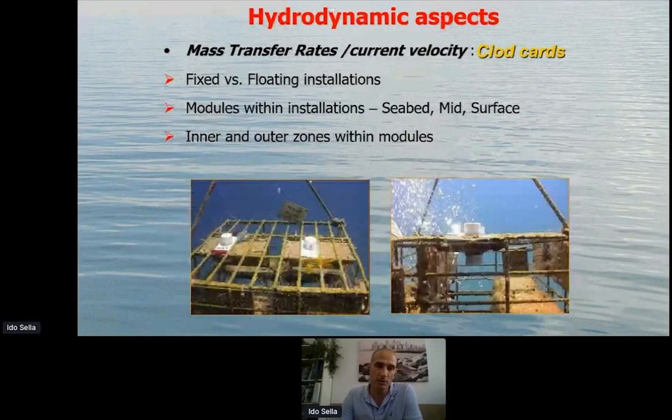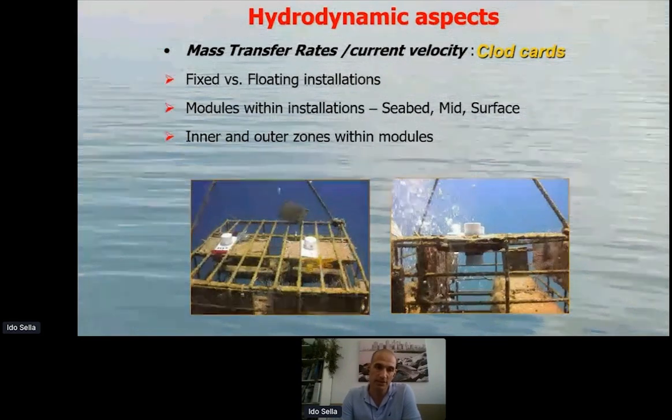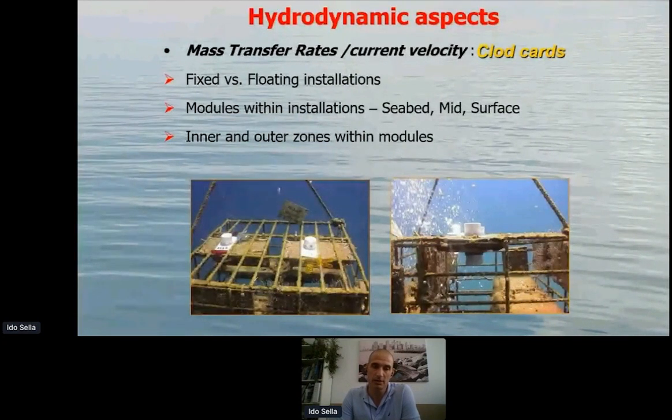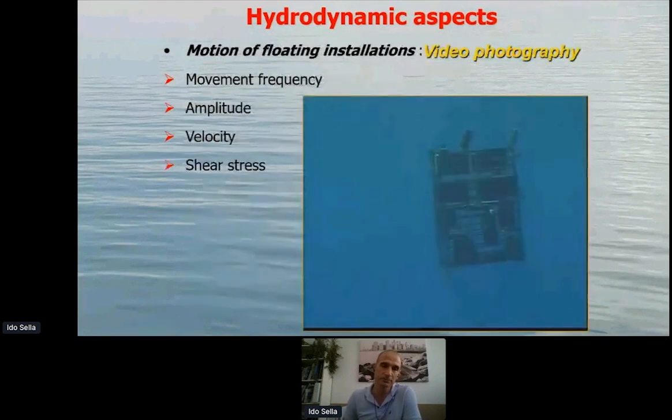Some of the aspects that were evaluated were mass transfer rates and the current velocities. This was done by clod cards, and we checked the difference between fixed and floating installations, how within the water column this changes between the seabed, the midwater, and the surface, and also the orientation of the substrate within the unit. There was video photography to evaluate movement, frequency and amplitude, velocities, and of course shear stress.